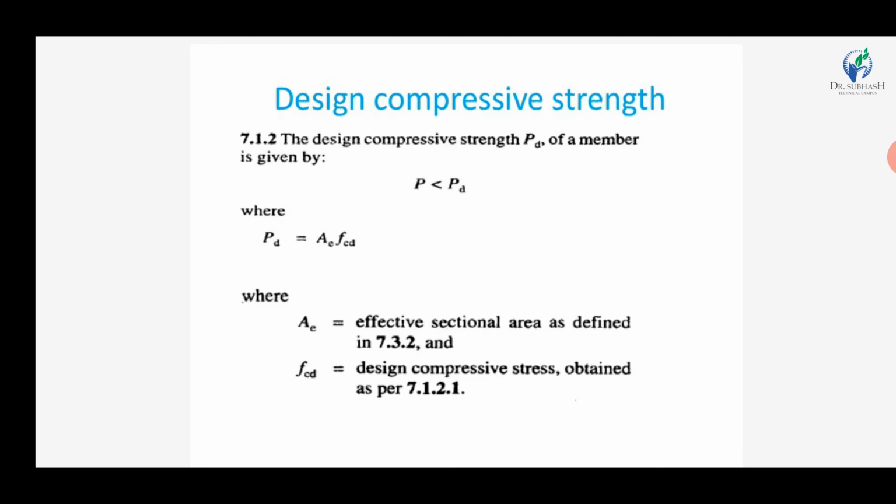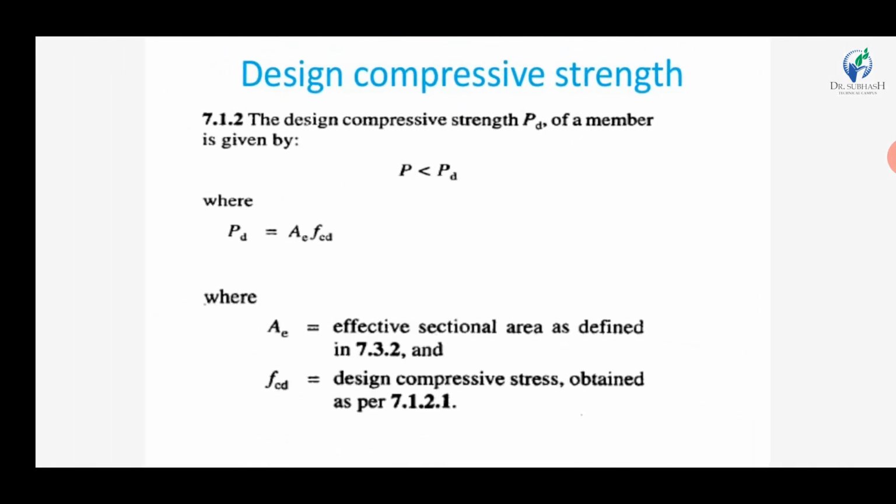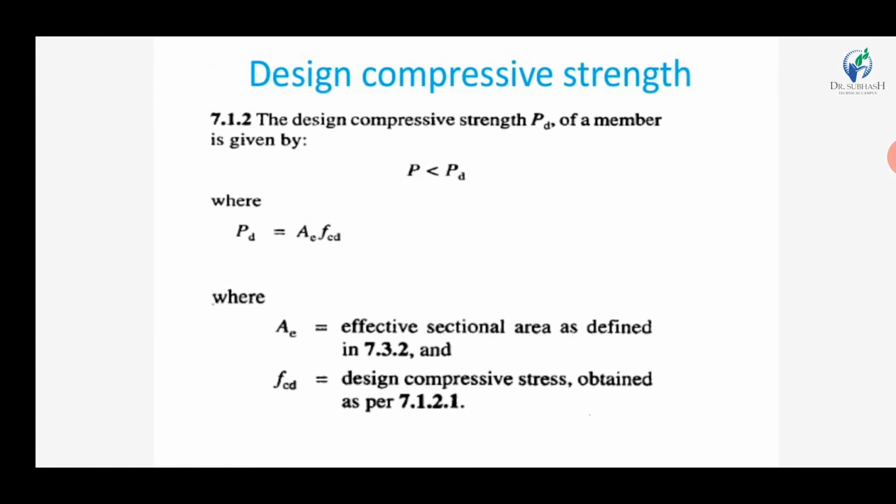Now what is PD? PD is denoted as design compressive strength, and PD is equal to AE into FCD. Now what are AE and FCD? AE is the effective cross-sectional area that we use in a compression member, and FCD is the design compressive stress.